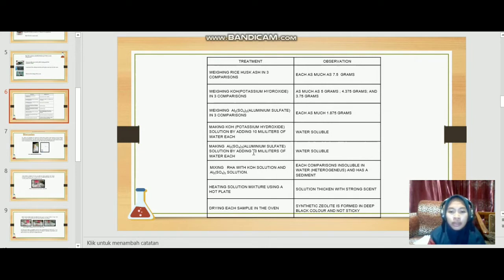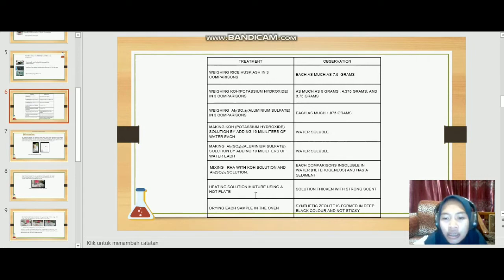Okay, next, mixing RHA with the KOH solution and the Al2(SO4)3 solution. Observation: each comparison is insoluble in water, or heterogeneous, and has a sediment. Next, treatment: heating the solution mixture using a hot plate.